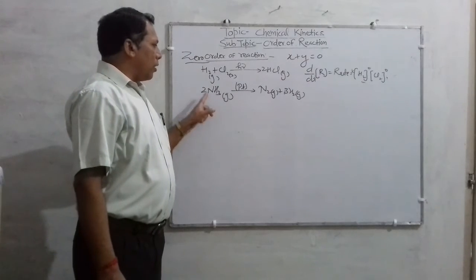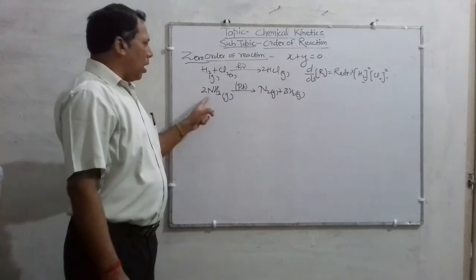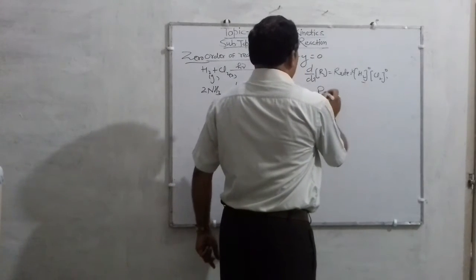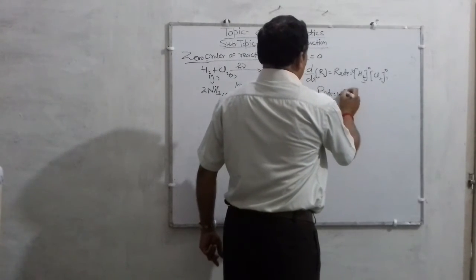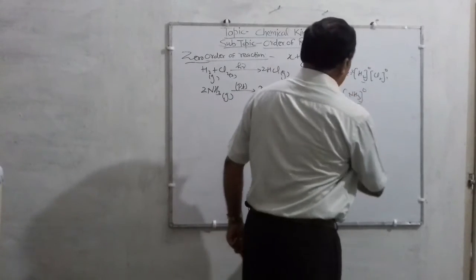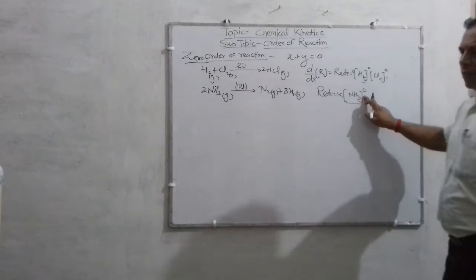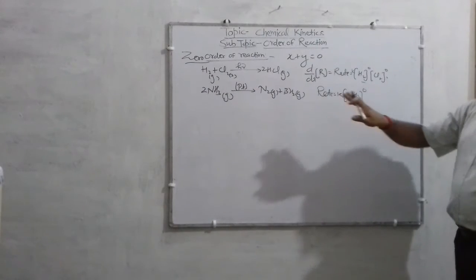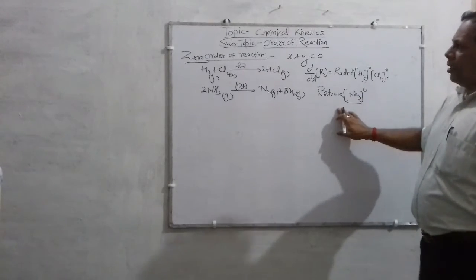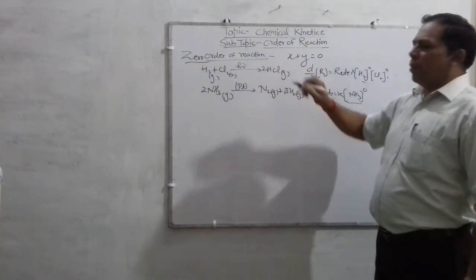This reaction does not look like a zero order, but on the basis of experimental determinations, its rate is found as K, that is, the concentration of NH3 doesn't change. If it doesn't change, or does not depend, that clearly refers to a zero order reaction.